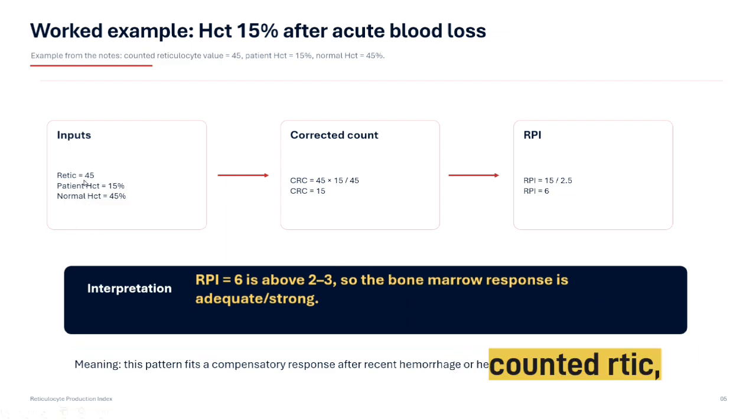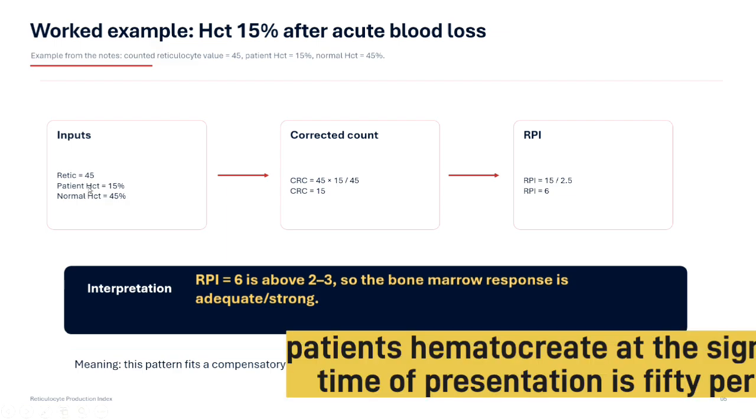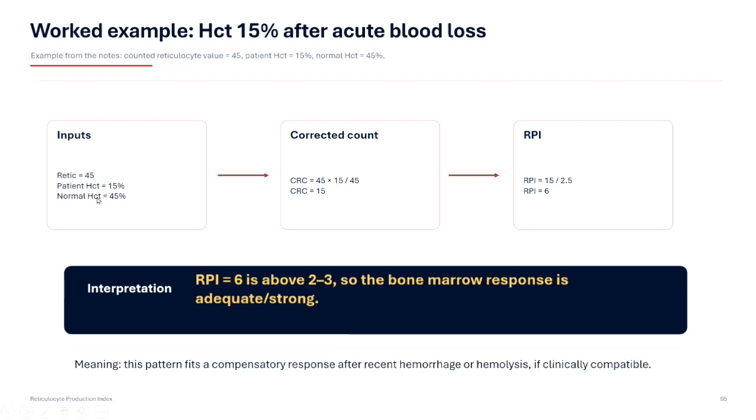For example, we have a patient with counted reticulocyte 45. The patient's hematocrit at the time of presentation is 50%. Normal hematocrit, as I said, is 45. So the corrected form will be 15.